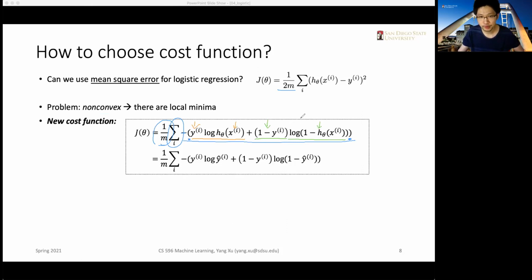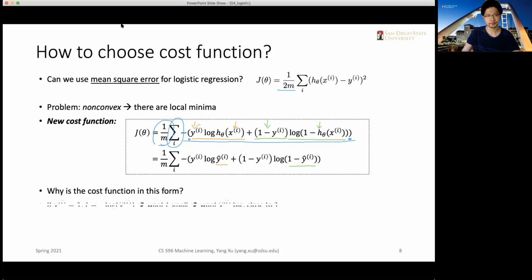For short, we can use y hat to replace h theta of x, just for a shorter visualization. This is exactly the new cost function we will use. Now let's look at why we need to use such a cost function.